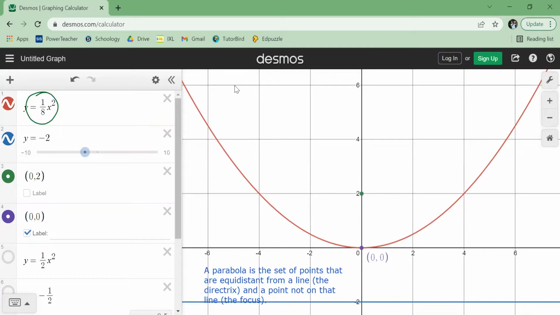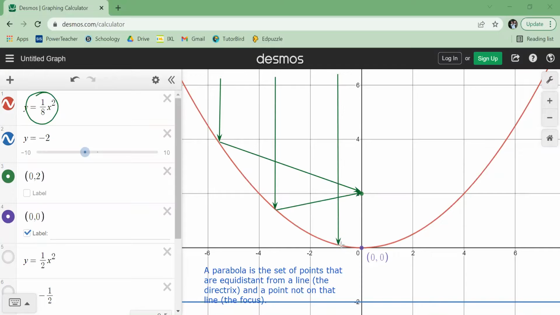The way a satellite dish works is it gets signals coming in from wherever, and those signals all bounce off of the surface of the dish, and they're all directed exactly towards this one point in the center where the receiver is placed. Well, this is actually a property of a parabola: for parallel incoming waves or rays or whatever you have, they will all reflect exactly to the focus. So one application of foci in real life is if you're designing a satellite dish or something else like that, then all of the rays, the waves, whatever's coming in will always be reflected exactly to the focus, and that's where your receiver goes.